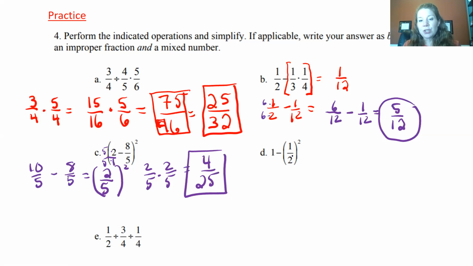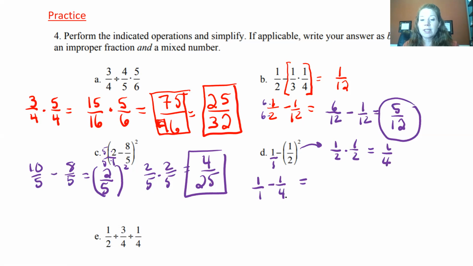Letter D, we're going to use exponents before we can subtract. So right here, we're thinking, okay, what's 1/2 times 1/2? So the answer is 1/4. So now we're going to subtract 1 over 1. So now our problem is 1 over 1 minus 1/4. We have to have common denominators.